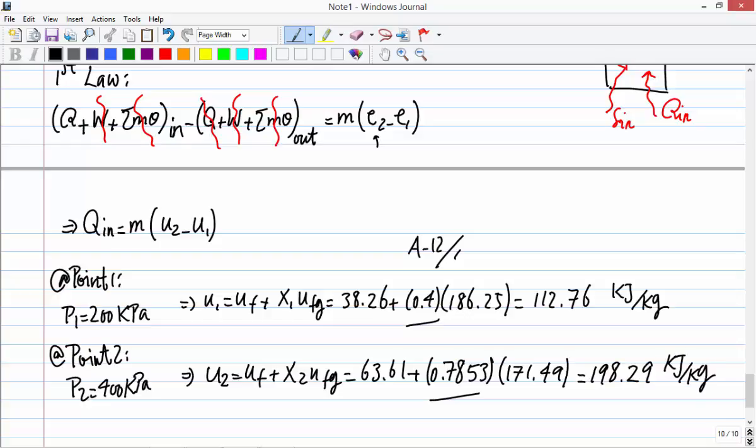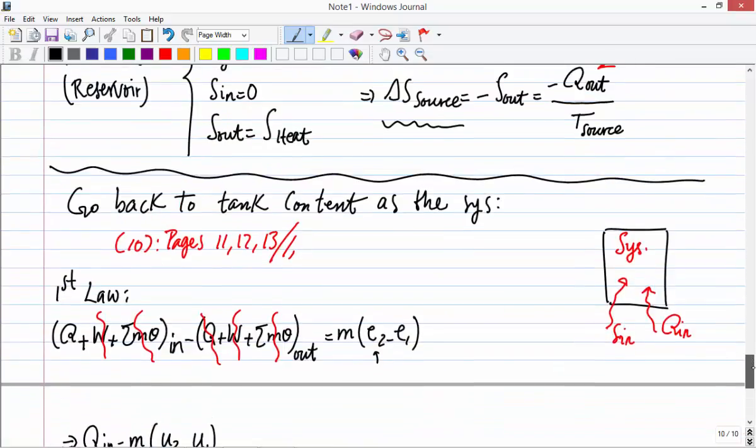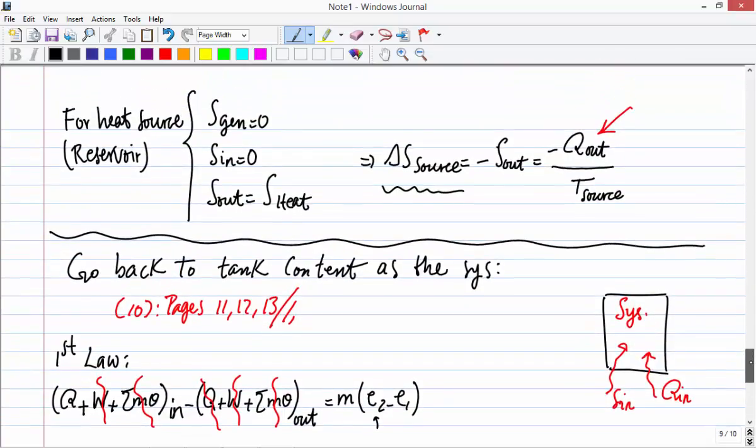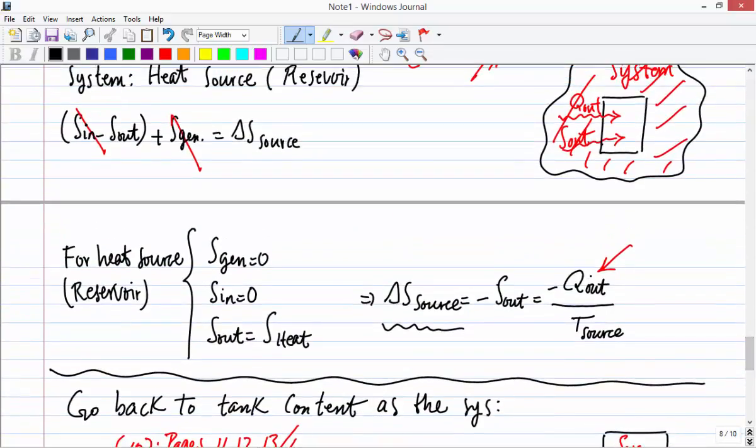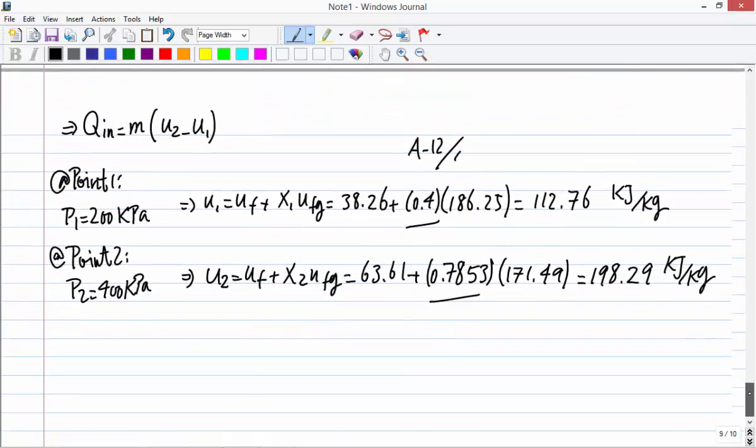Okay, now we were looking for Q. We were looking for how much heat is transferred from the heat source to the tank. Put it back there, and this is the temperature. Then solve for delta S source.